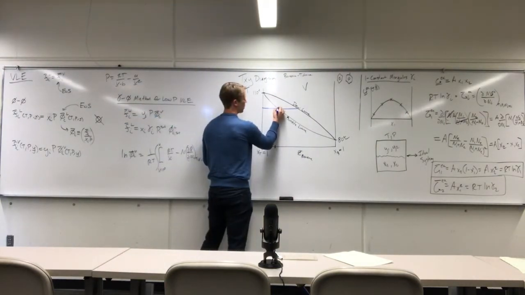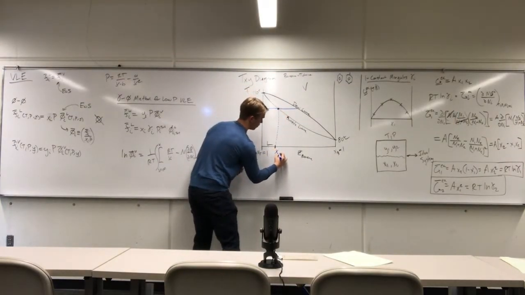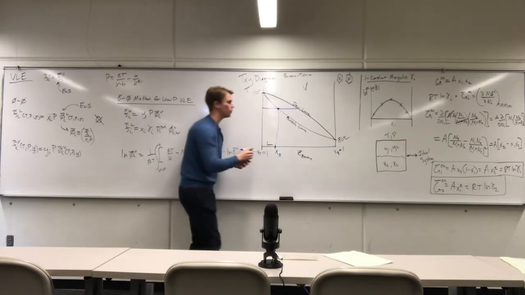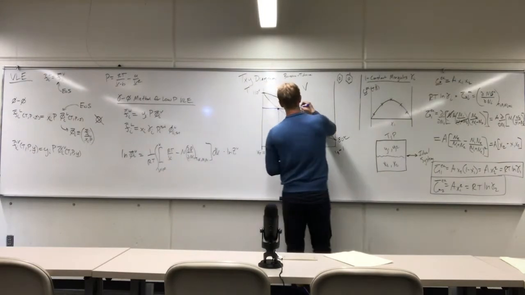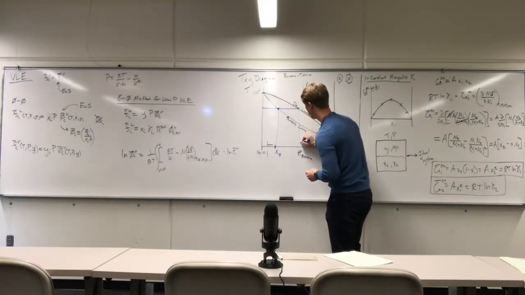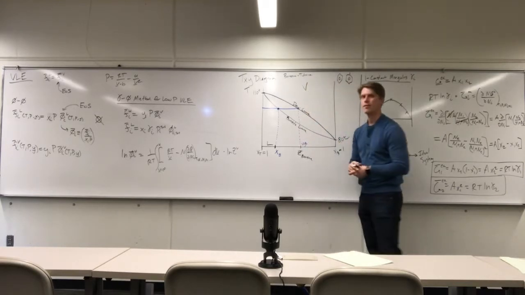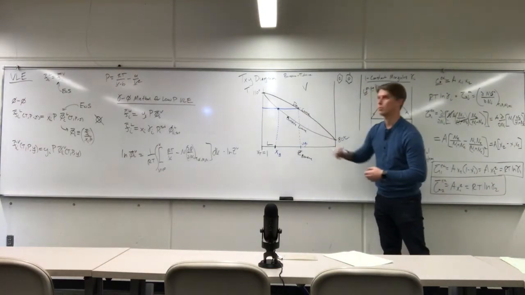Where the temperature line intersects my bubble curve, that corresponds to the mole fraction of benzene in the liquid phase. Where my constant temperature line intersects with my dew curve, that provides the mole fraction of benzene in the vapor phase.